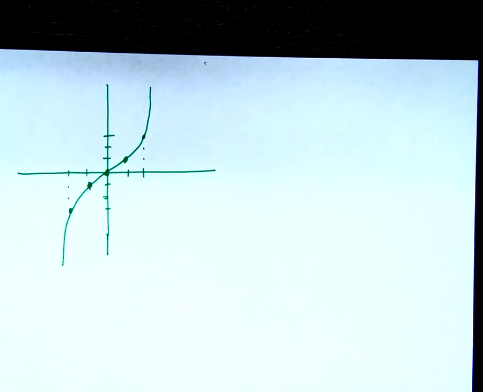Find the inverse of the function. Well, this is different, isn't it? Well, yeah, there's no reason to freak out about it, though, right?